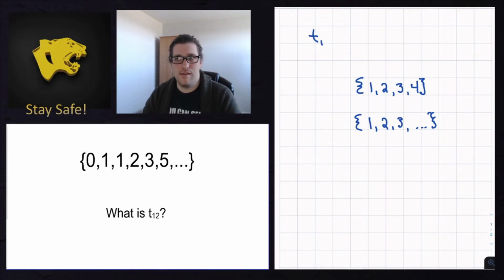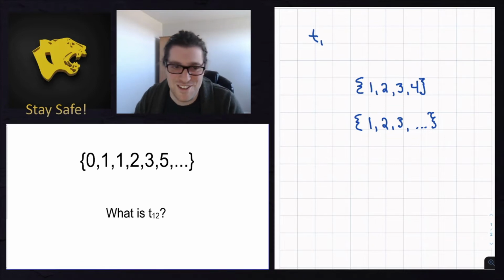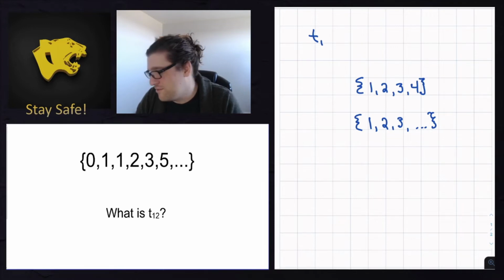This may or may not be familiar to you. This one is known as the Fibonacci sequence, and so it goes 0, 1, 1, 2, 3, 5, and then it's asking you what is T12.